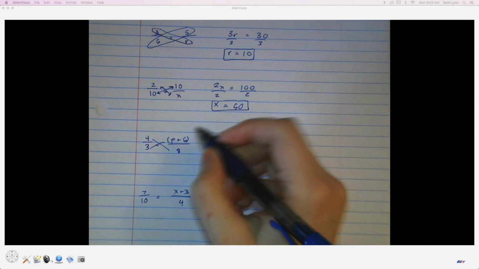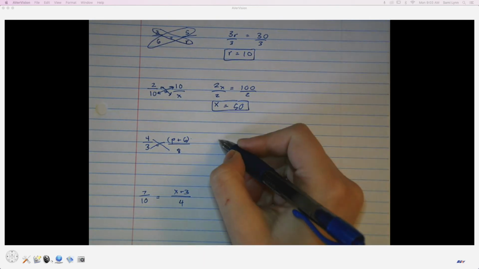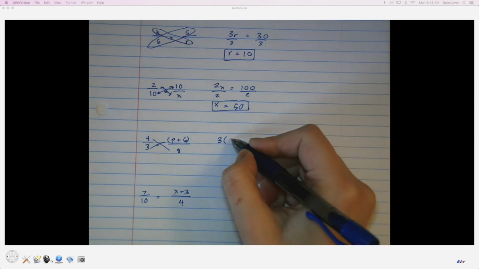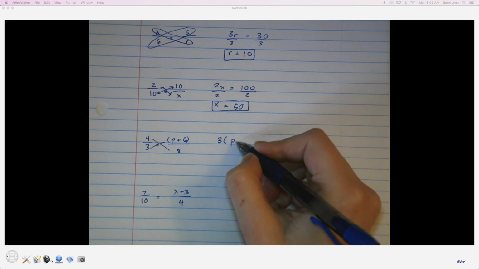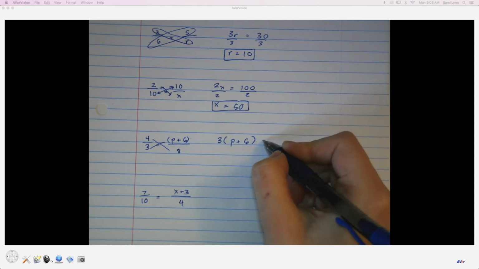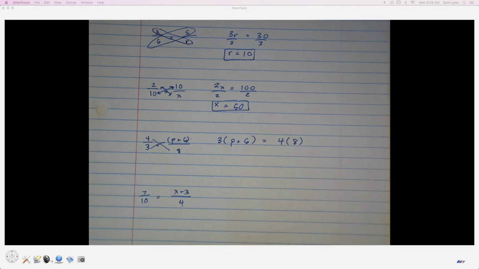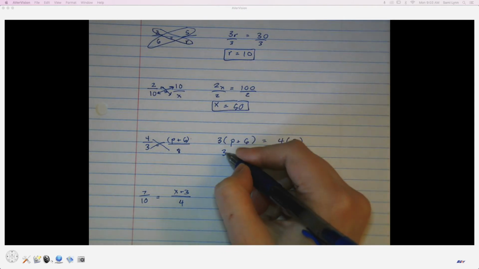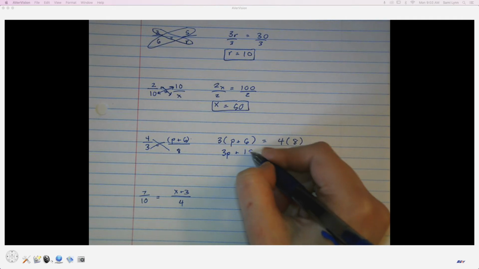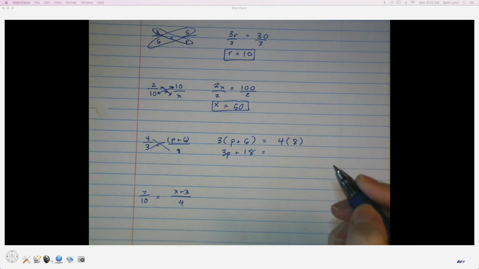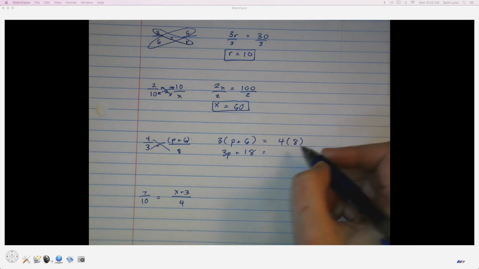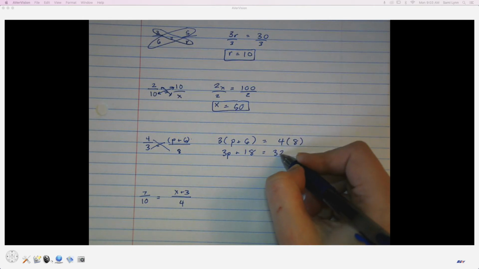So let's start with what our variable is, and we're going to have 3. Remember those parentheses, p plus 6 equals 4 times 8. Let's distribute our 3 first. So we're going to have 3p plus 18. And then 4 times 8 is 32.